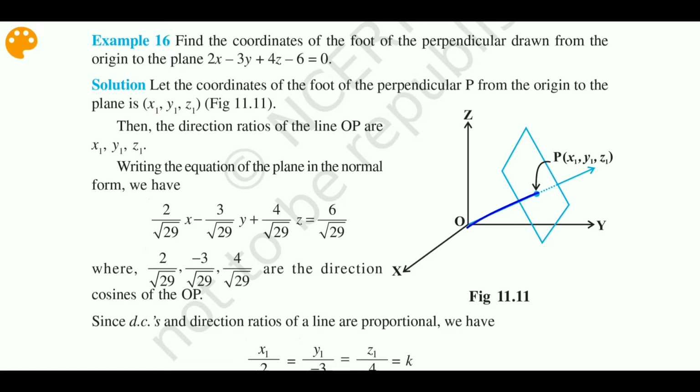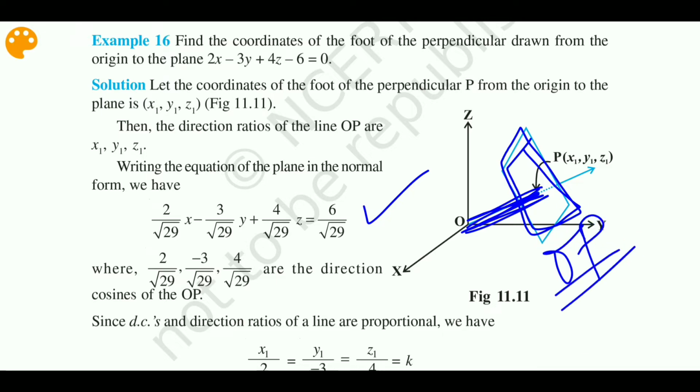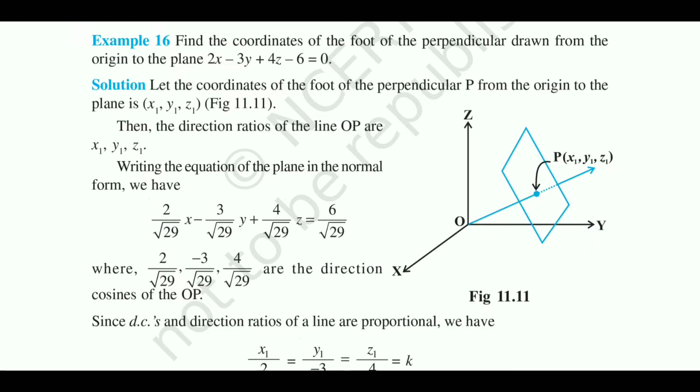Now we have calculated the equation of this plane, which is normal. Now we know that this direction ratio is always perpendicular to this plane, and this line OP is also a straight line, so we can calculate its direction ratios. Since OP has a direction ratio or direction cosine, it may be direction cosine, it may be direction ratio, both are of this plane, because this plane's distance is from the origin.